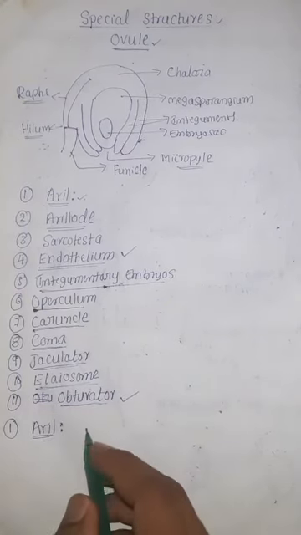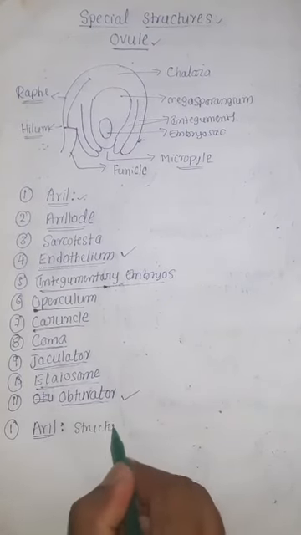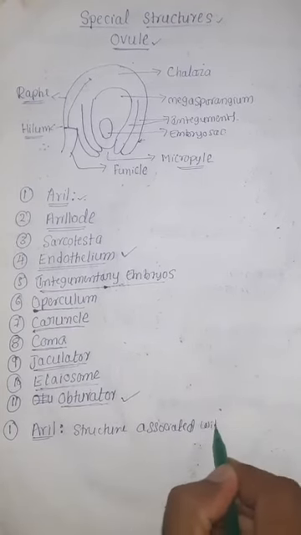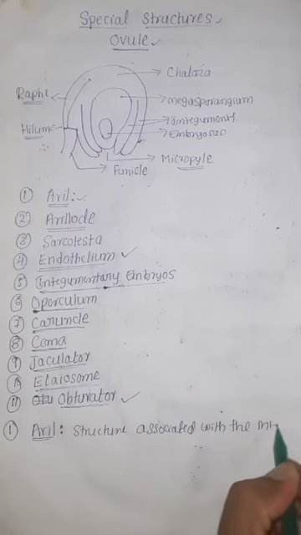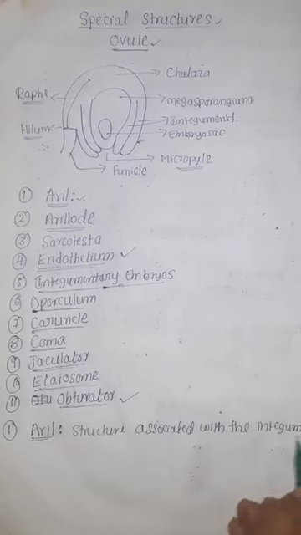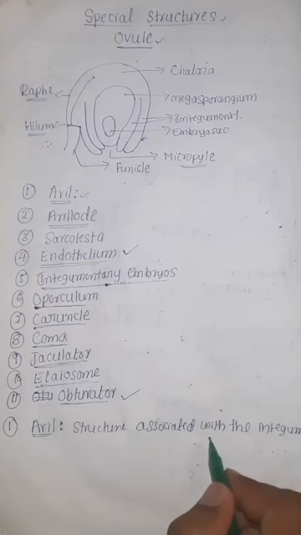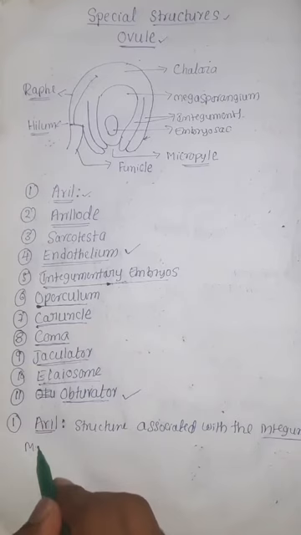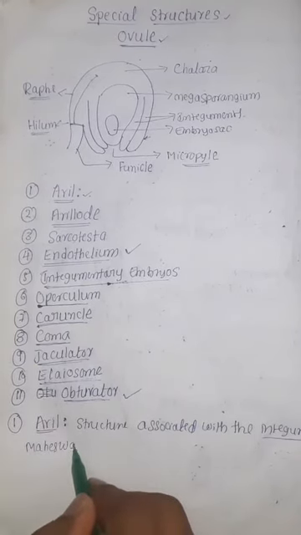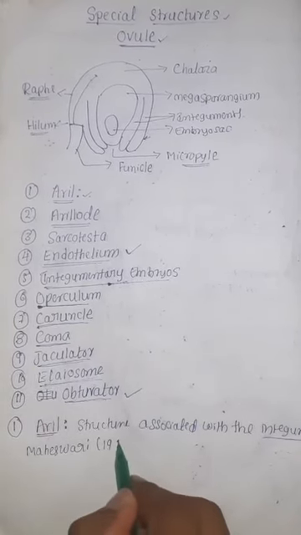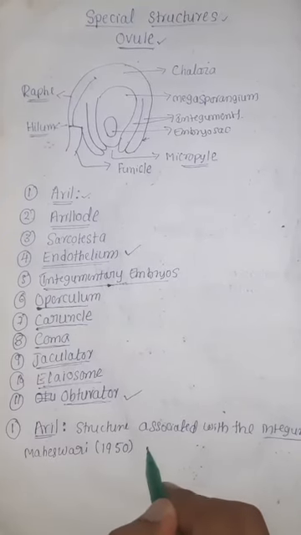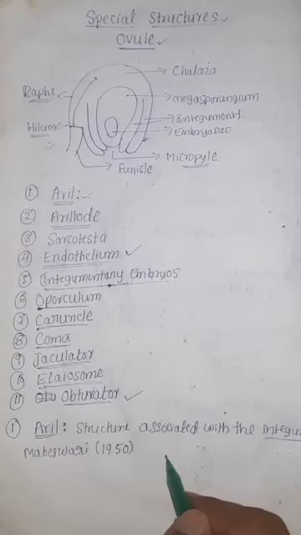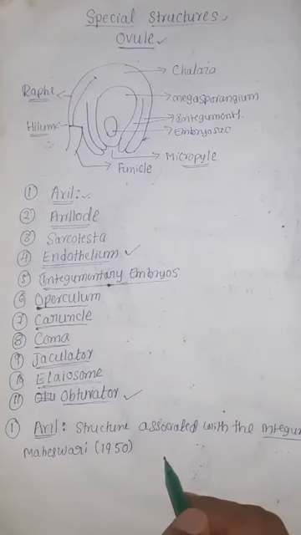Aril is the structure associated with the integuments. First point: a scientist called Maheshwari, who is known as the father of Indian embryology, defined aril as a new structure that arises from the base of the ovule.